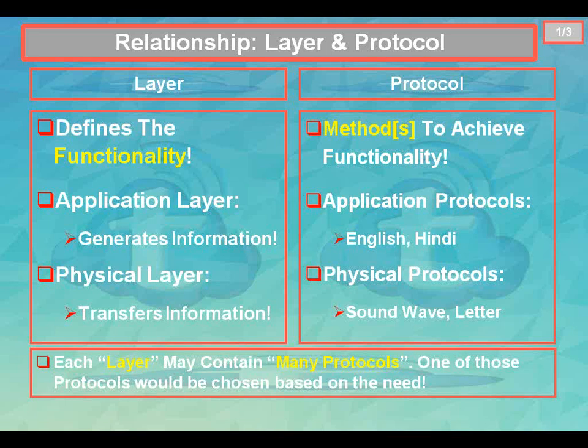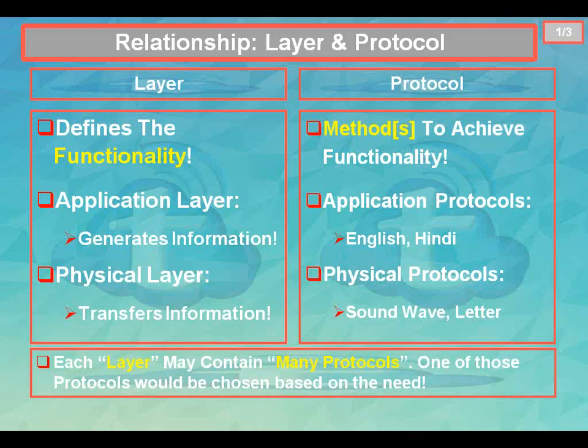Every layer may contain many protocols. Let me tell you. In OSI, if there are 7 layers, each and every layer is going to contain maybe hundreds of protocols. You see? But which protocol to be used will be picked up based on the need. A lot of protocols are there in the world. What those technical protocols are, we will understand later, but I'm just giving you a first-hand understanding of that.